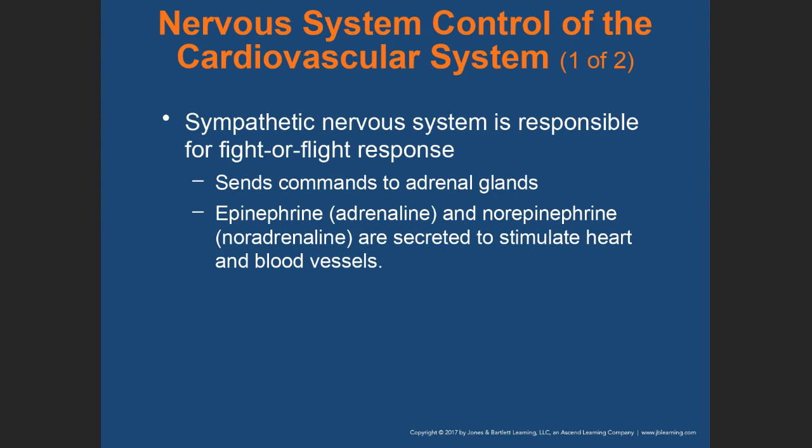So that portion of the nervous system would be referred to as the sympathetic nervous system, and it is responsible for fight or flight response. And it sends commands to the adrenal gland, right? And so in your fight or flight response, the sympathetic nervous system is going to activate, right?